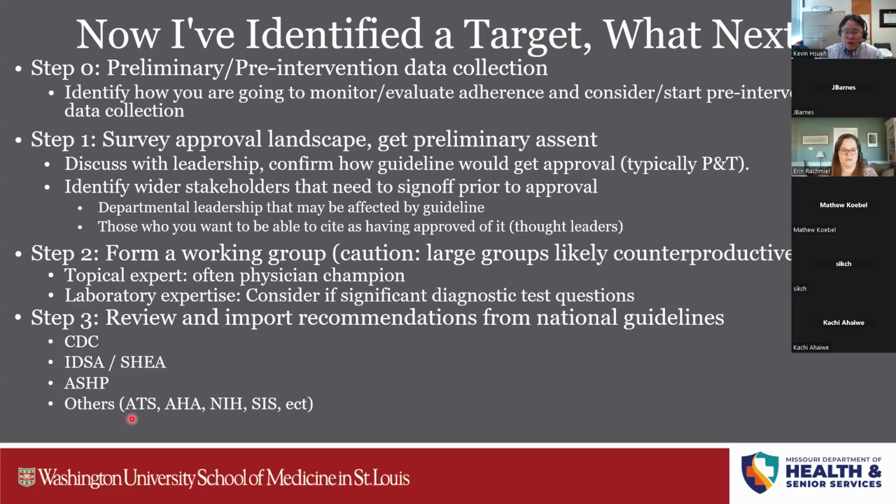So for pneumonia, it's the American Thoracic Society, the American Heart Association for endocarditis or bloodstream infections. NIH also has some guidance. For COVID, actually, the NIH stepped up and produced a lot of guidance documents. And then for surgery, it's the SIS, I can't remember what SIS stands for, Surgical Infection Society, I think. But there are many others.